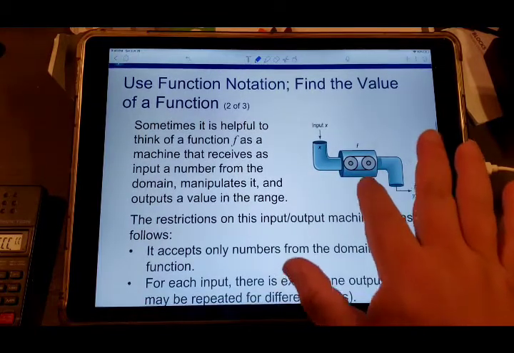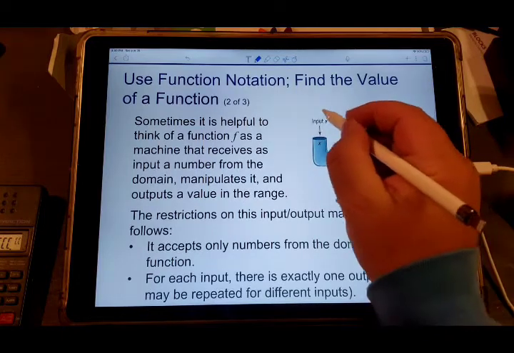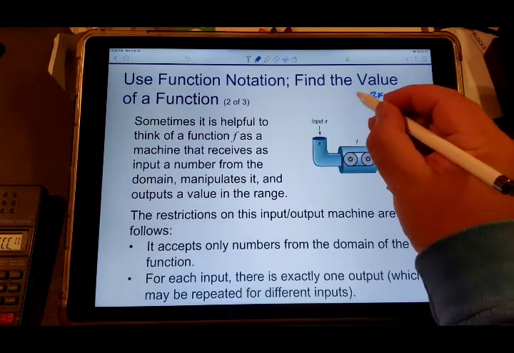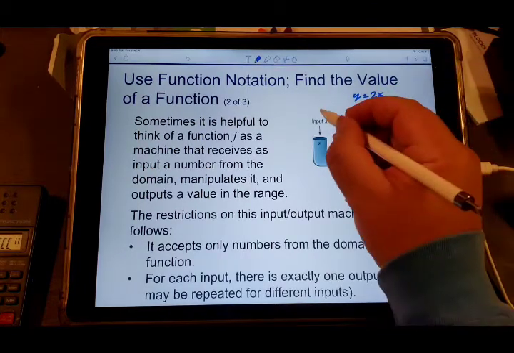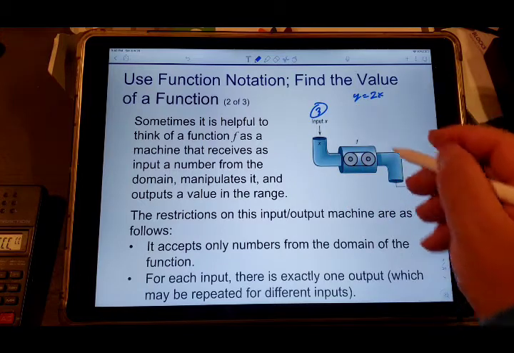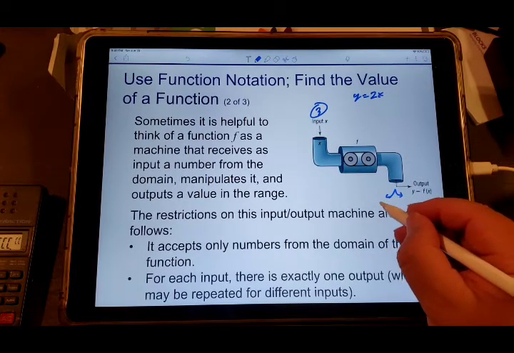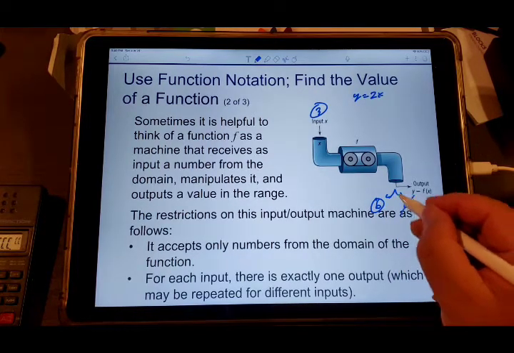I kind of like these little illustrations here. It gives you an idea for a function. Remember that function I had, the doubling function? If I said y equals 2x, or f of x equals 2x, and I put in a 3, I'm not going to get 2 answers coming out. I'm not going to get 6 or 10, something like that.